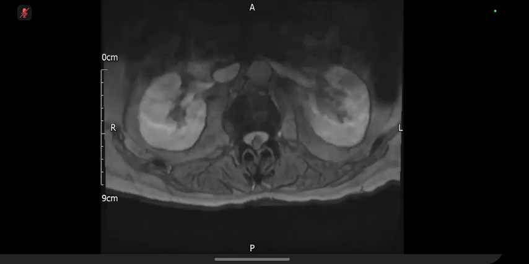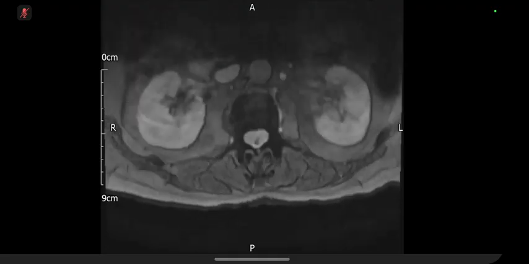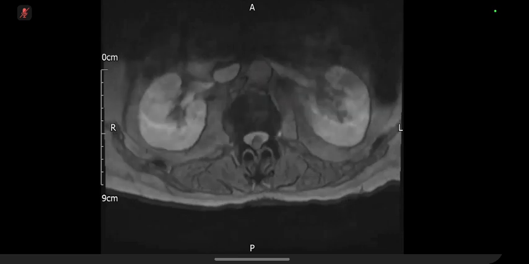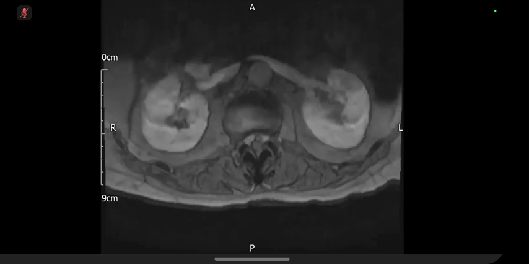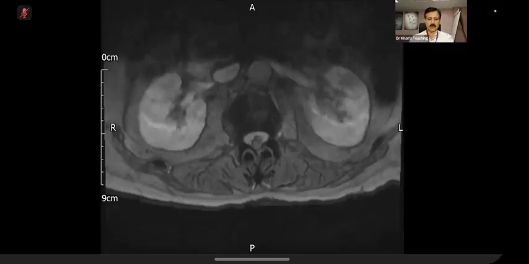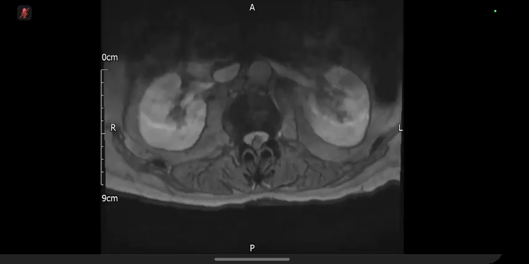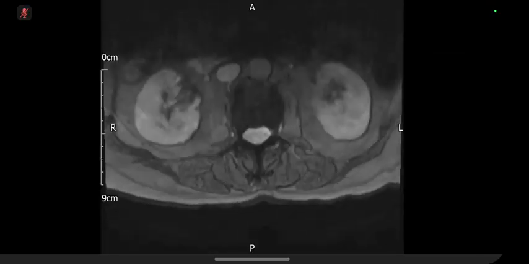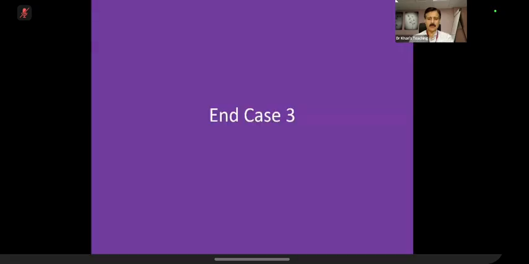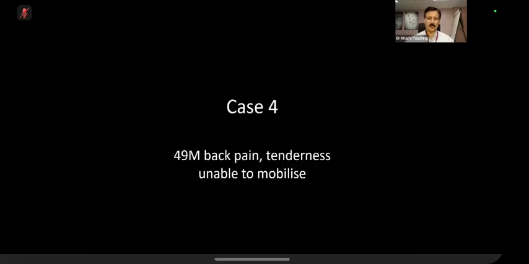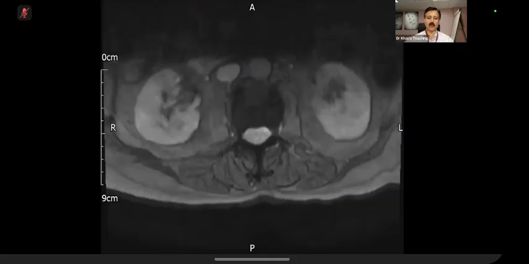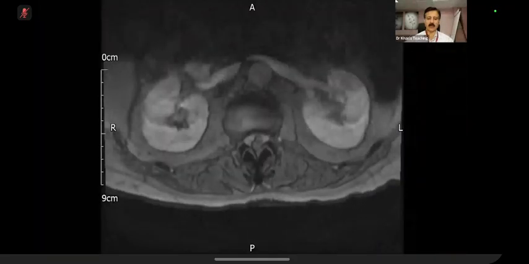Okay, and this is a T1 fat sat. T2 star. Okay, I can see intermediate signal within this area. Please continue. So, this was a gradient echo, the last sequence. This was a gradient echo sequence.